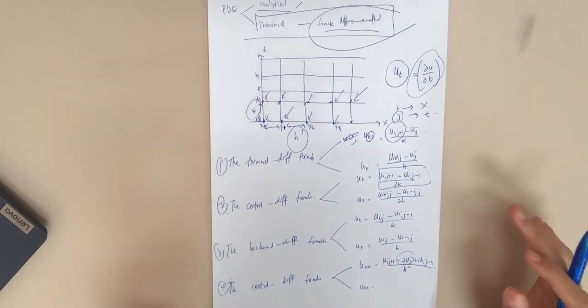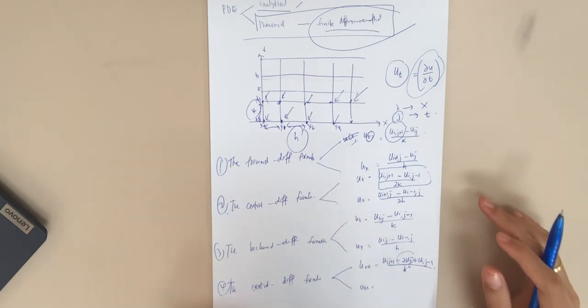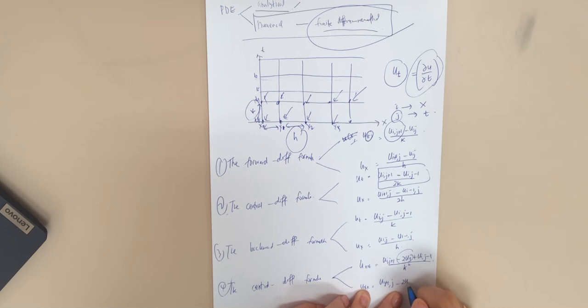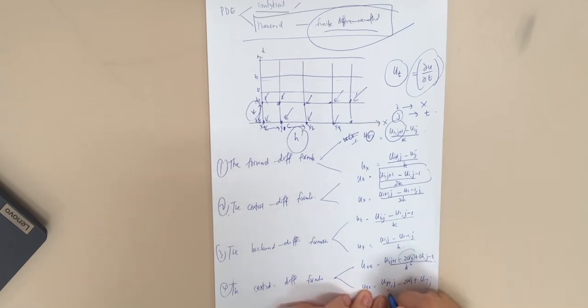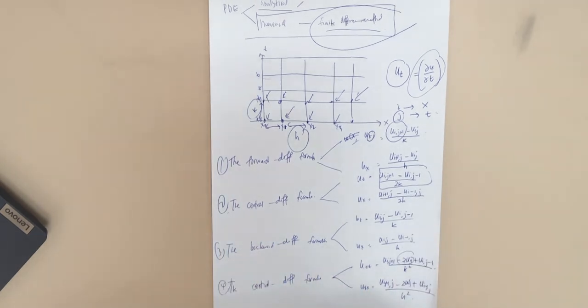So you accept this formula and then you apply it. So this is for u t t. For u x x it is u i plus 1 comma j minus 2 u i j plus u i minus 1 j divided by h square.